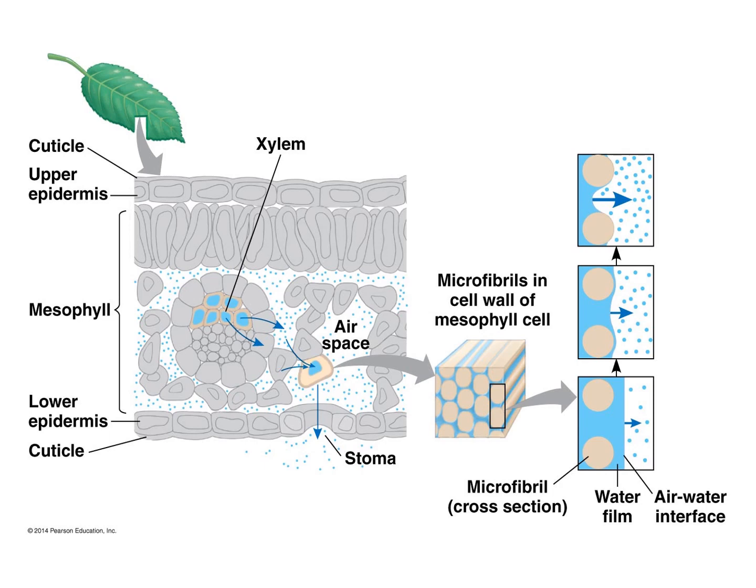Here's our last image in this presentation about xylem. We have a cross-section through a leaf, an upper and a lower epidermis. We've got a single stoma on the lower epidermis. Each water molecule is a blue dot. So we've got water in the xylem in a leaf vein. And that water enters the airspace of the spongy mesophyll.